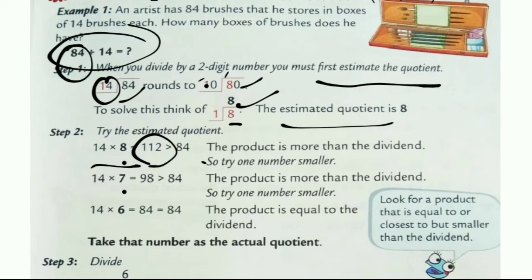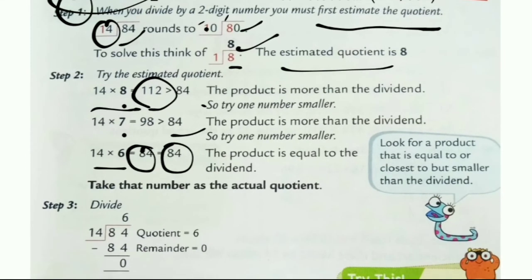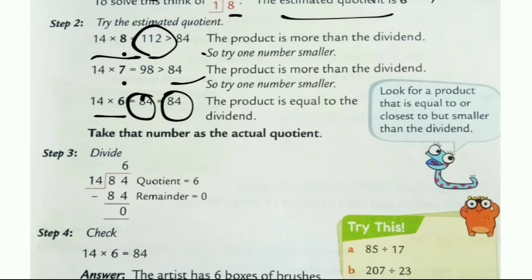Again it is more than your number. Next we take one more number below, 14 into 6, that is 84. So now we get the same number. So here we do the actual division. 84 divided by 14 is 6, the quotient, and the remainder is 0.